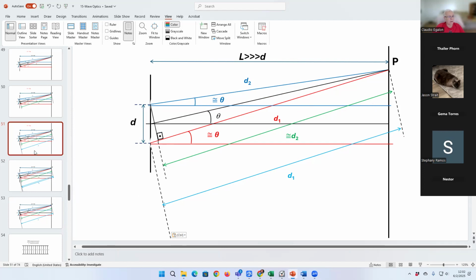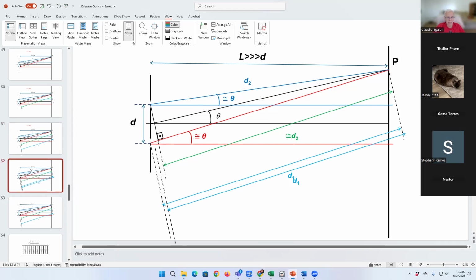You can do those drawings there at home. It's not difficult. This guy is not supposed to be here. Let me erase it. Yeah, here you go. I erased everything. Okay.